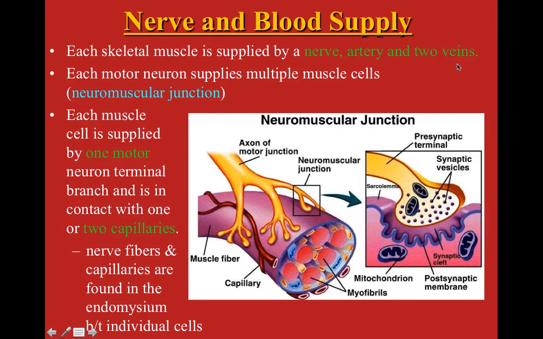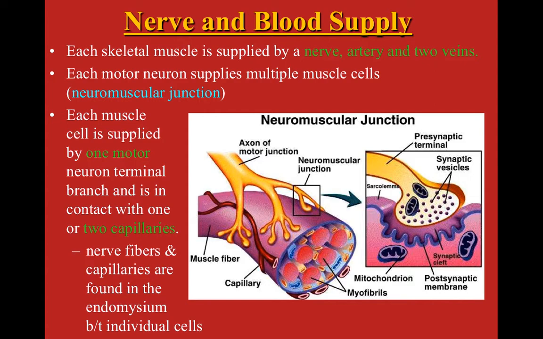You may remember from your cardiovascular system that you studied before, maybe in your biology class or some of your middle school science classes, an artery is a blood vessel that carries oxygenated blood from the lungs into the heart, and then the heart pumps it back out through the body through the arteries. Your veins carry deoxygenated blood from your organs, in this case your muscles, back into the heart, which goes to the lungs, and so on.